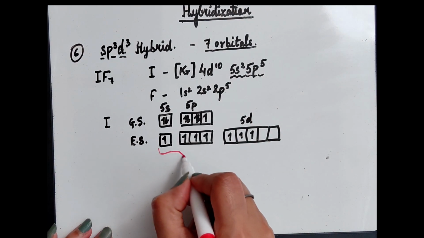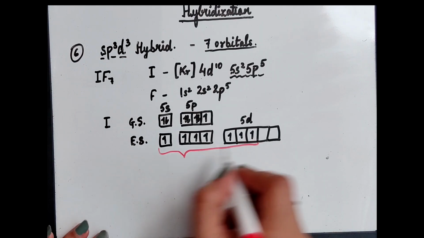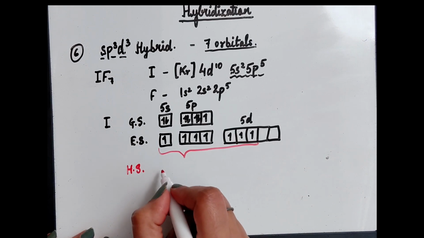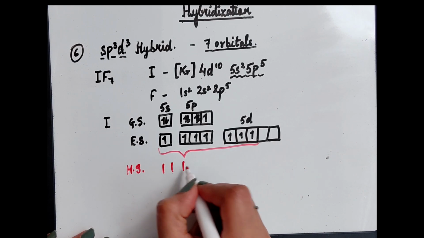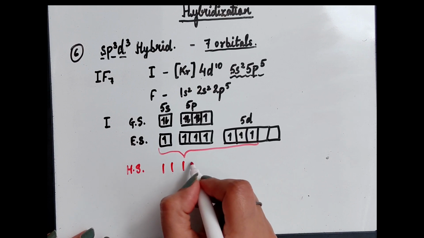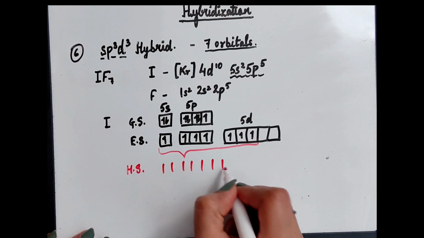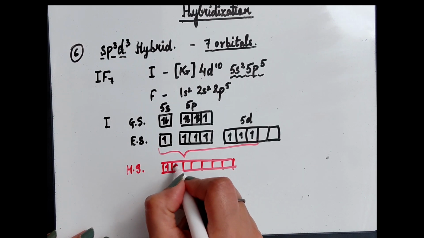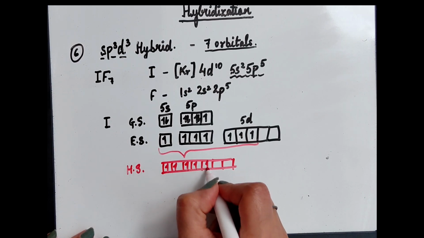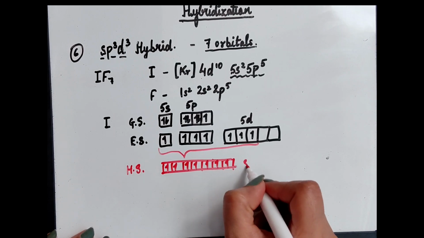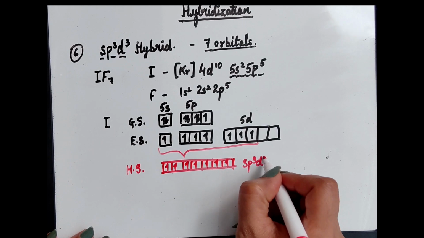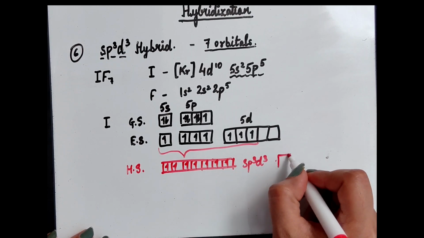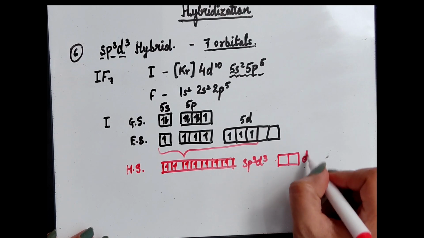Now we'll consider the hybridized state. We'll be taking into account these 7 orbitals. So the hybridized state becomes 1 2 3 4 5 6 7 orbitals. These are sp3d3 orbitals, and then there are 2 d unhybridized orbitals.